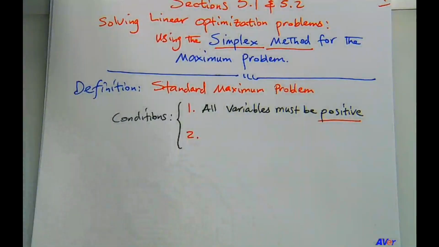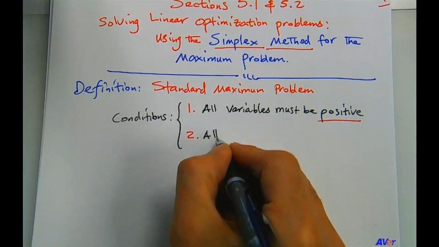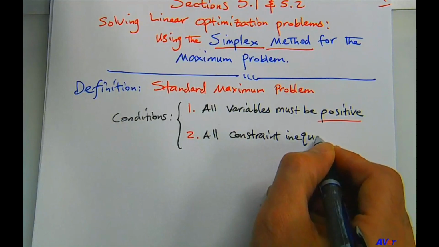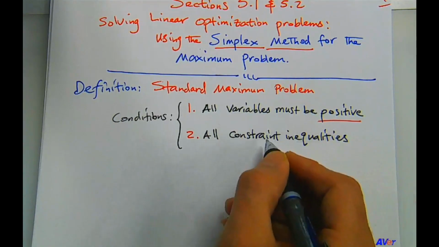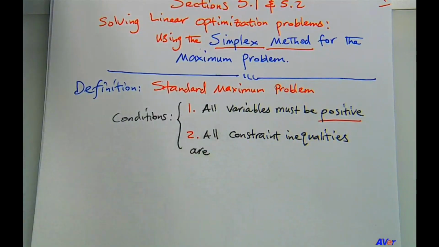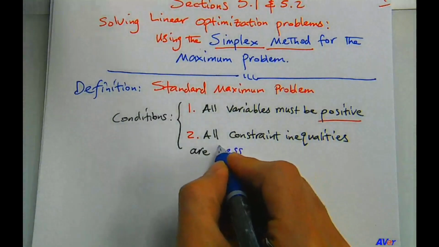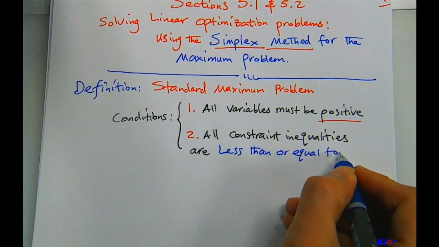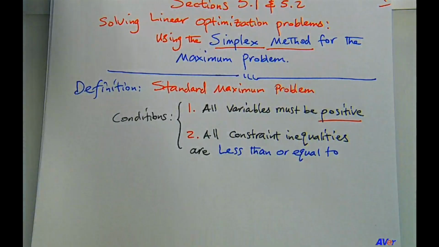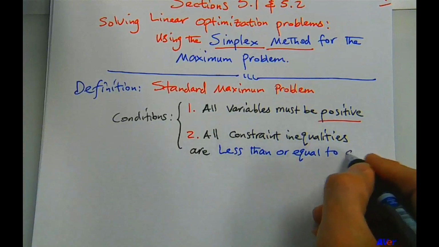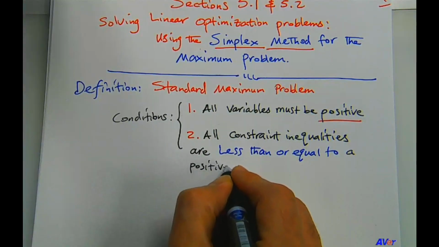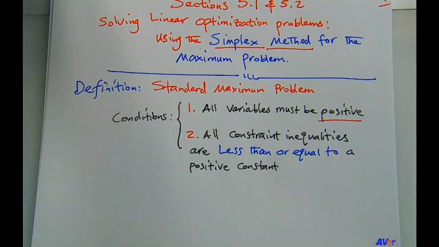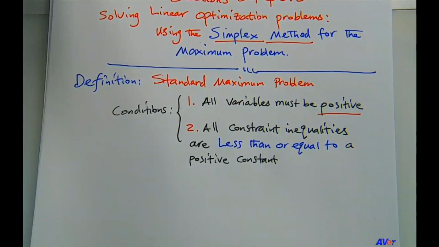Second, all constraint inequalities are less than or equal to a positive constant.